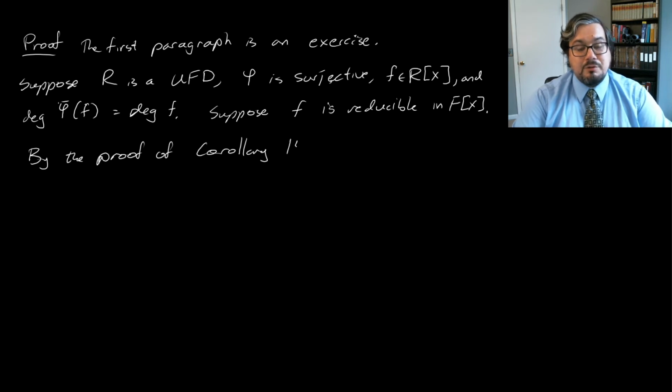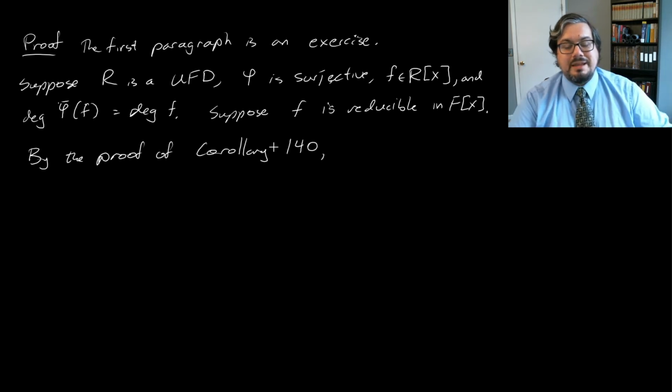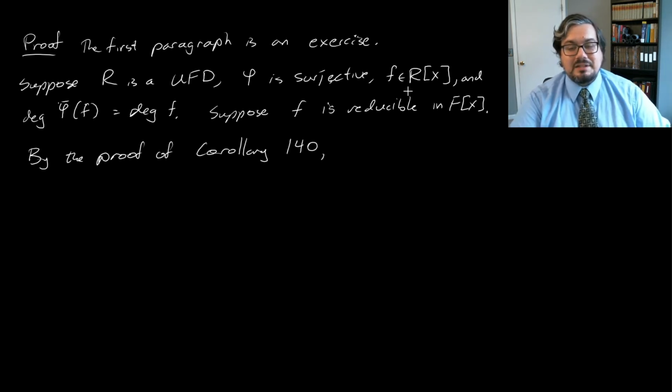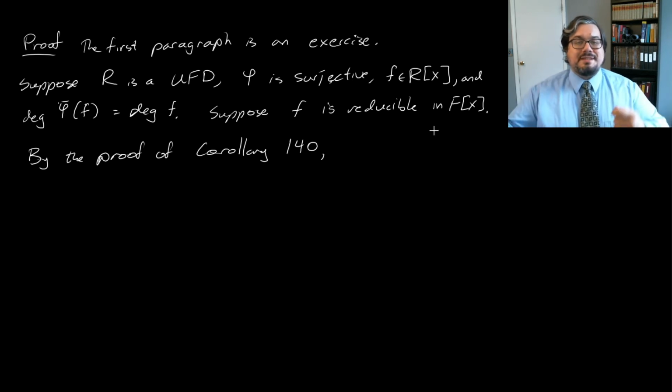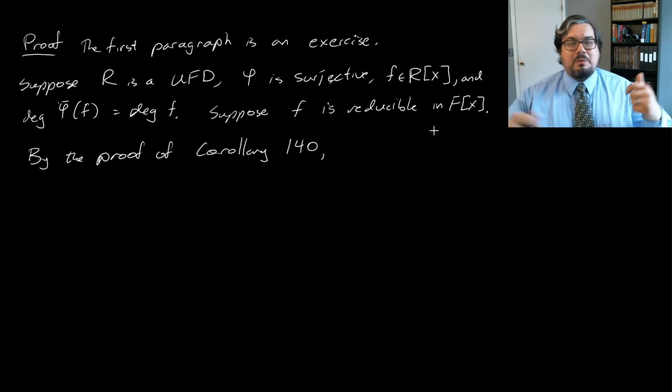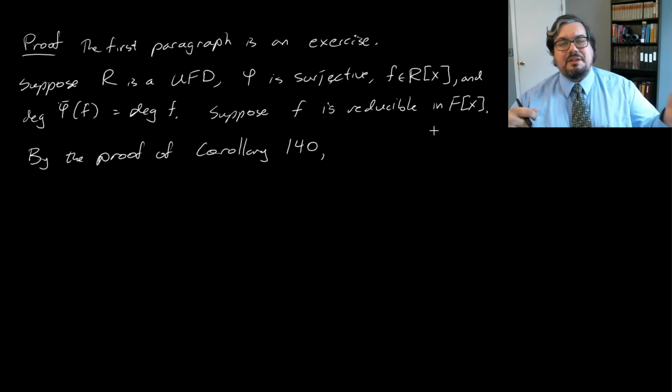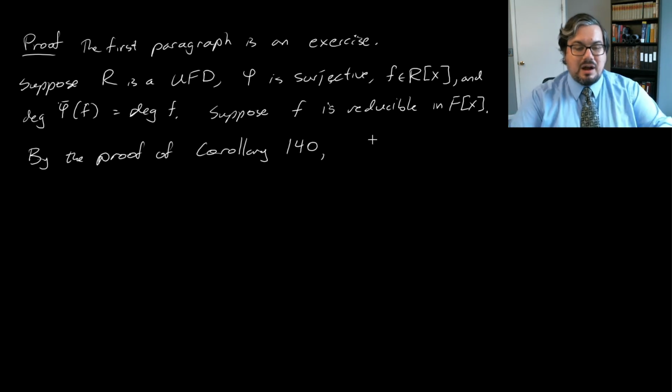So by the proof of corollary 140, since f is an element of the polynomial ring over R, and it's reducible in the polynomial ring over the field of fractions, we can do this manipulation where we multiply by the least common multiple of the denominators and then compare contents and so forth.